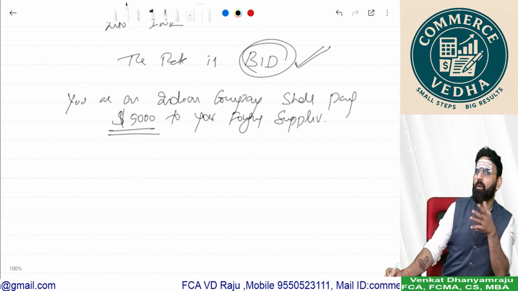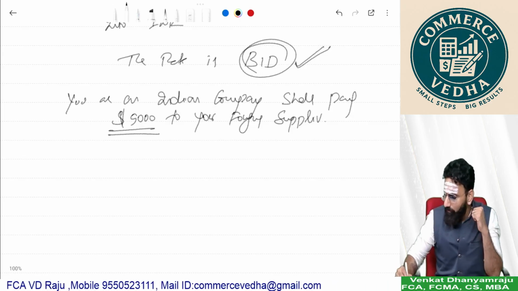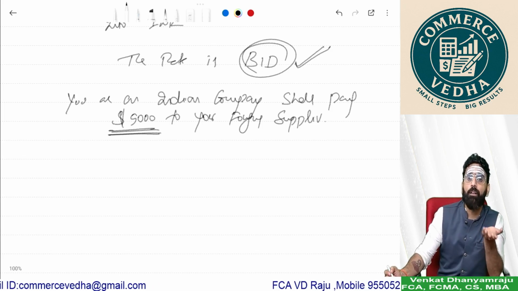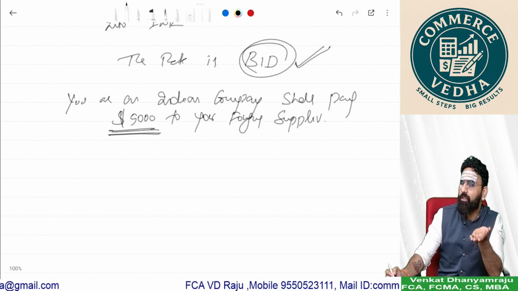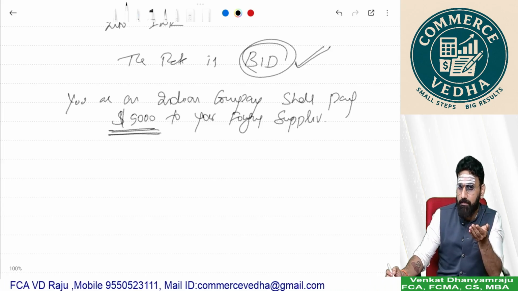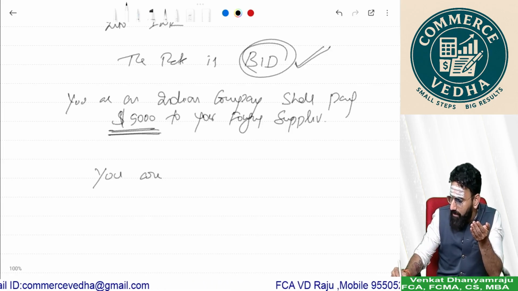So in India you don't possess dollars, right? You will be having rupees. So you need $5,000 to make a payment to the foreign supplier. You need $5,000, which means you have to buy from whom? From the banker.